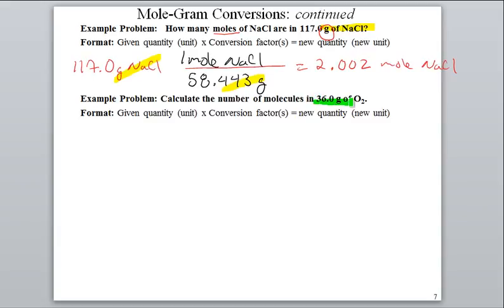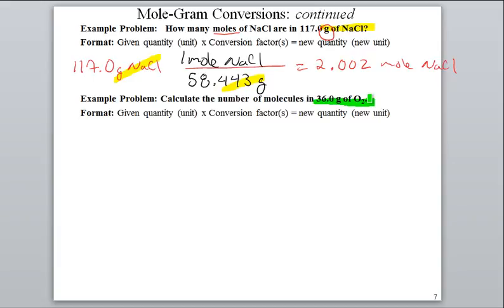The next problem. What if you had 36 grams of oxygen? We know the molar mass of oxygen, and we know how many oxygen molecules there are in 1 mole. We have Avogadro's number. The molar mass of oxygen is around 32. You have 6.022 times 10 to the 23rd molecules of O2 per 1 mole, or per approximately 32 grams of oxygen.